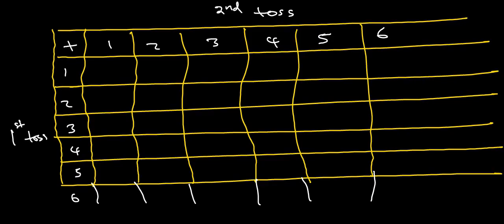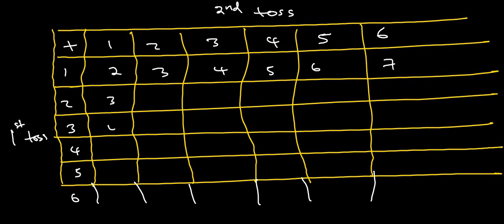Then the operation that we're going to deal with here is that we're going to sum them. So let's say here it's a 2. The addition here is what? This is going to be a 3, that's a 4, a 5, 6, 7.